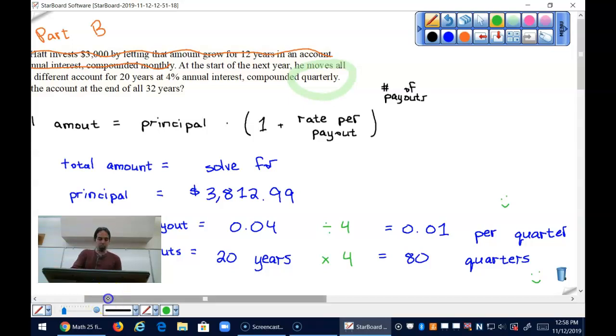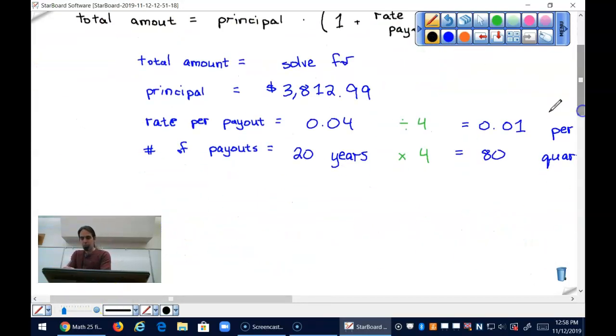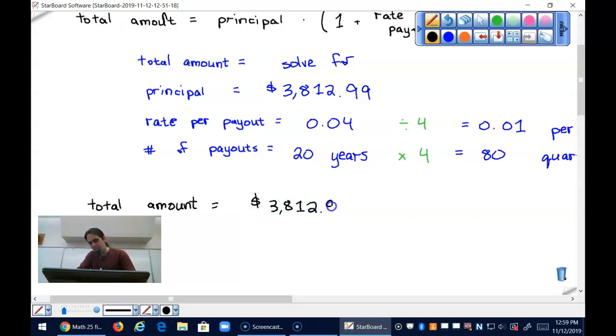Okay, once we have this, the calculator does all the work. Is it okay if I skip writing the calculator button step?